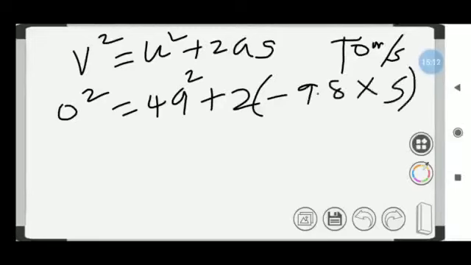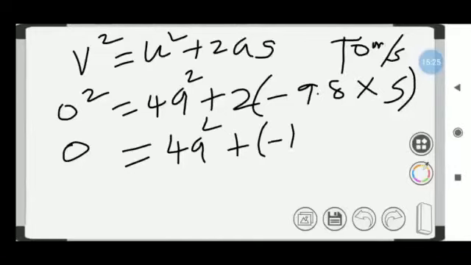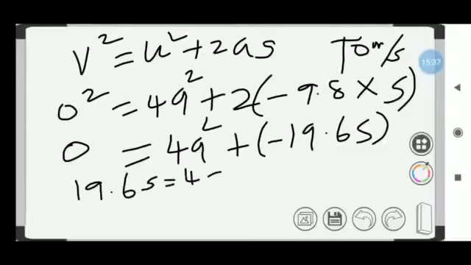Here 2 into 9.8 is 19.6, so moving it to the other side, 19.6 s equals 49 square. So s equal to 49 square divided by 19.6.